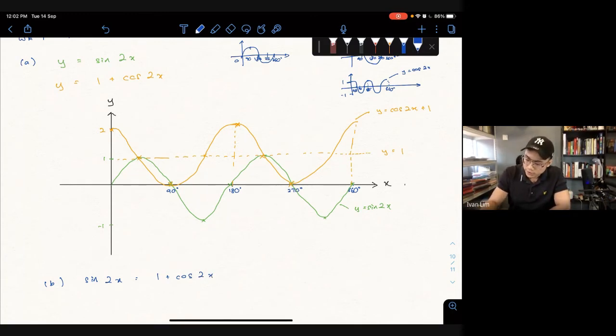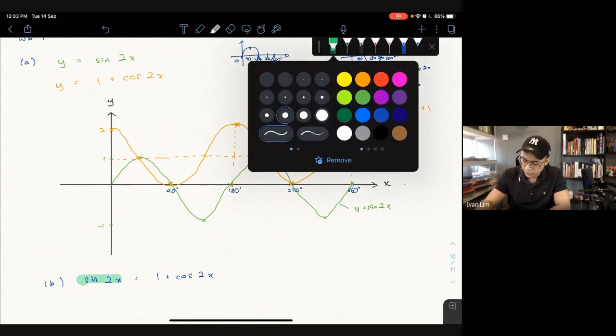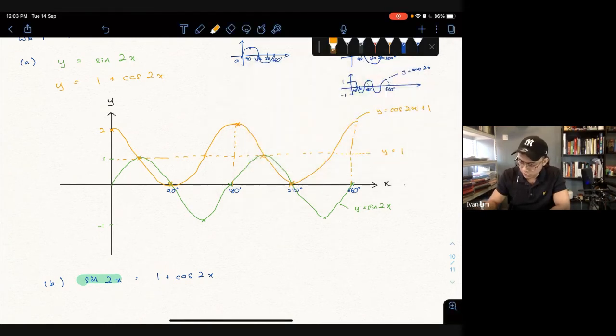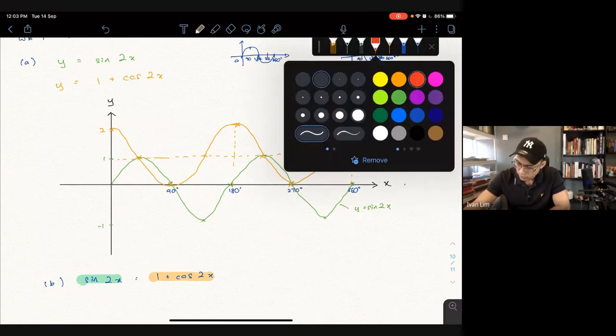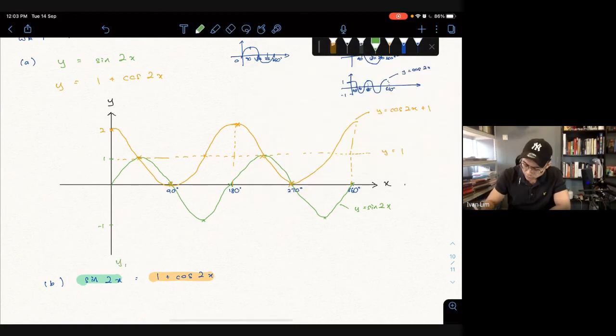Basically, if you observe, this is your sine graph, the green color graph, and here is your orange graph. So this is, in a way, y1 equals y2. What do we learn about this? This is actually a simultaneous equation. We substitute both y's together. It can be a line, a curve, or a trigo graph.